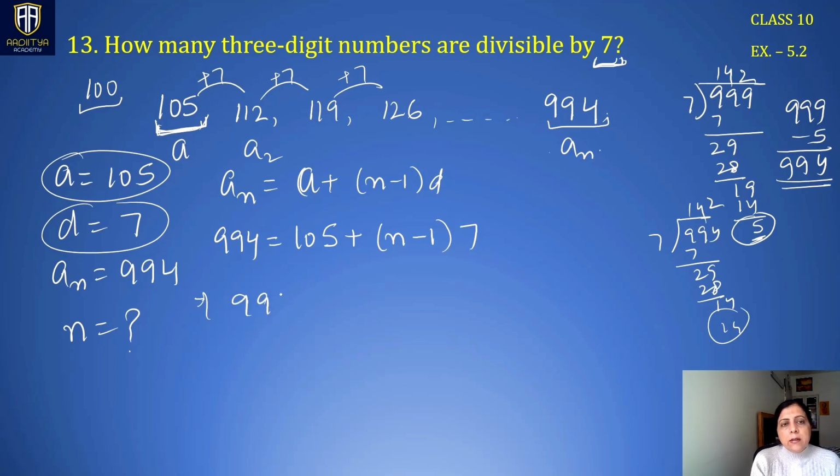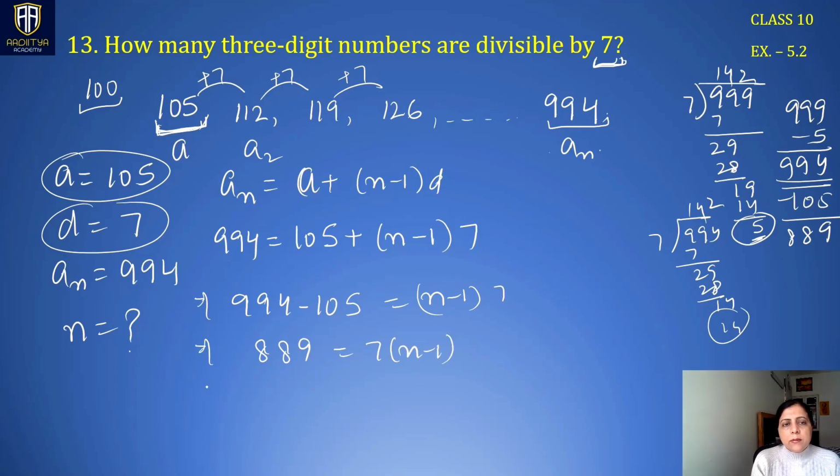So 994 minus 105 is equal to (n minus 1) into 7. 994 minus 105 is 889. 889 is equal to 7 times (n minus 1).